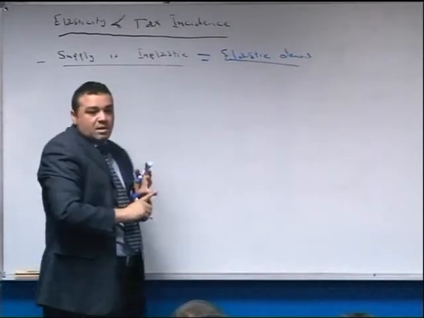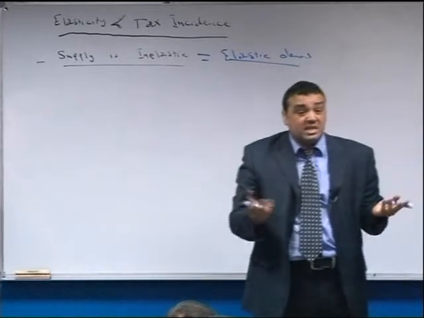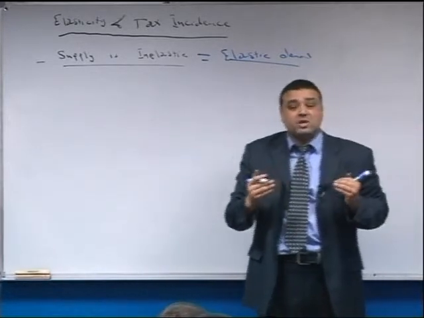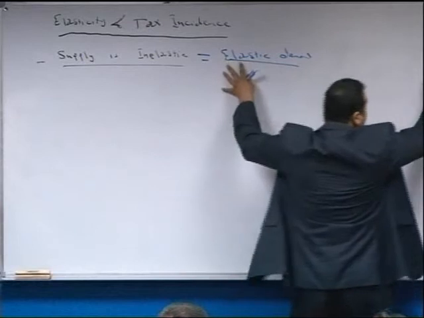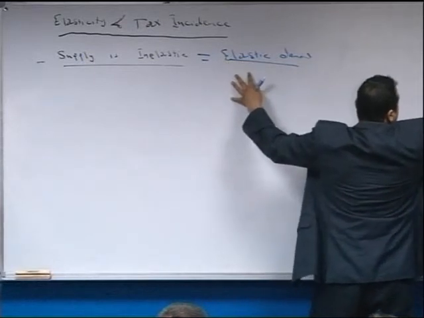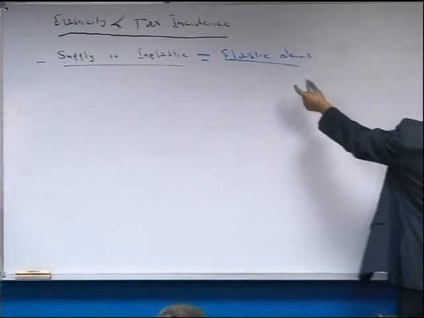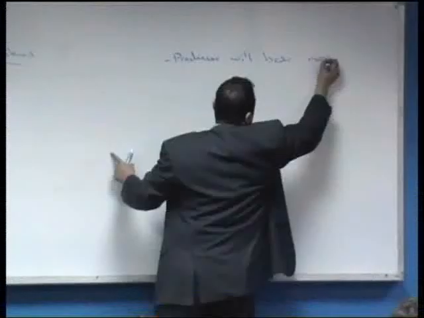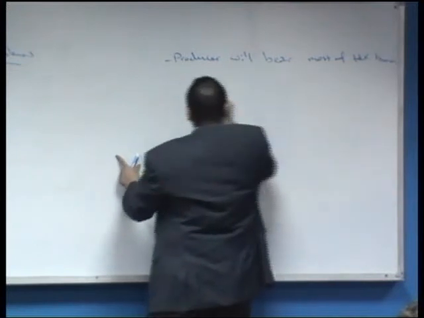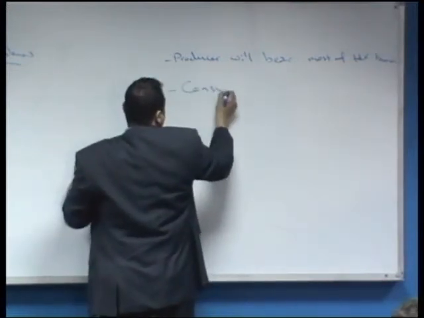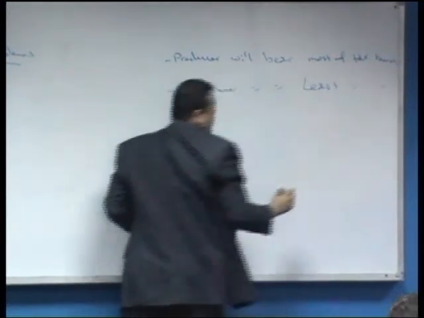Elastic demand means the product is not important, it has many alternatives, and it's easy to give it up. In this case, the producer will bear the most of the tax burden, and the consumer will bear the least of the tax burden, right?